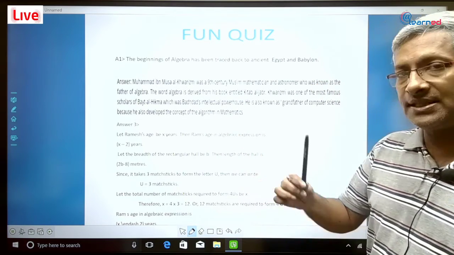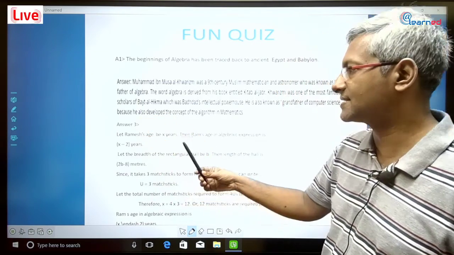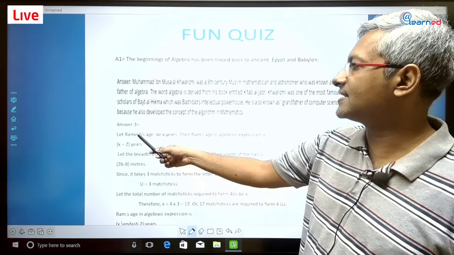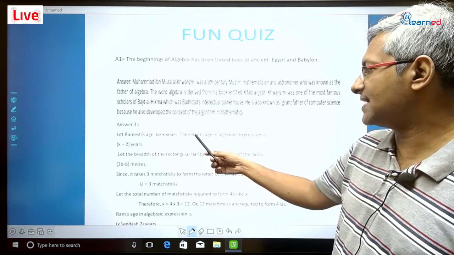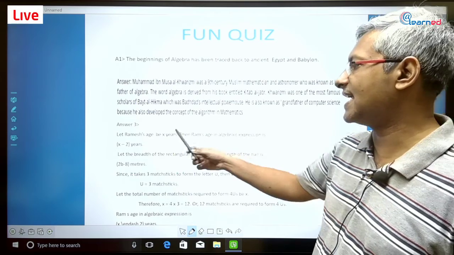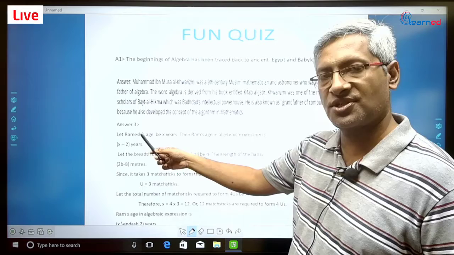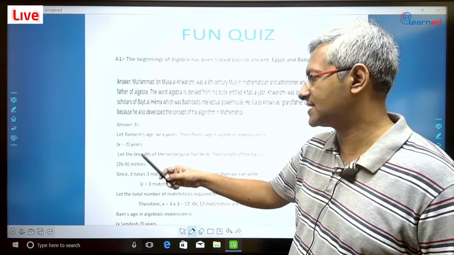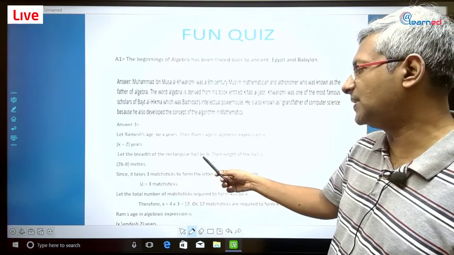Now we will see the expressions from the statements that we saw in the last slide. If we consider Ramesh's age as x years, then Ram's age in algebraic expression is x minus 2 years, because Ram's age was 2 years less than Ramesh's age. So x minus 2 years. Let the breadth of the rectangular hall be b.